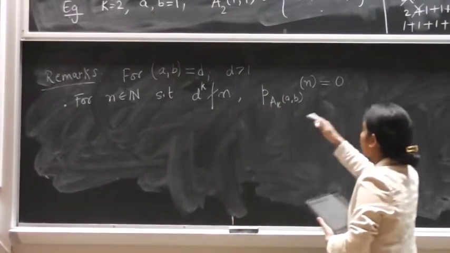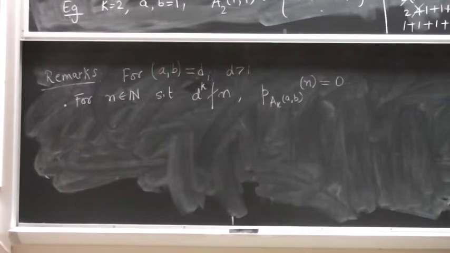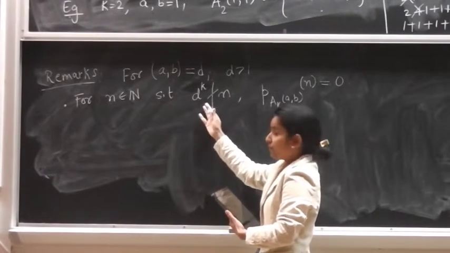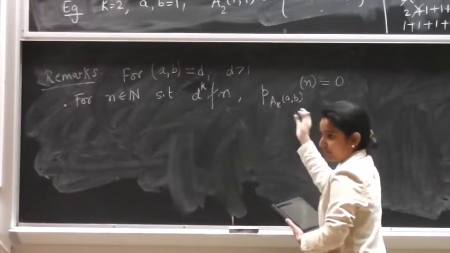That means that d to the power k has to divide the right-hand side, which is the sum of the parts, and hence it has to divide n. But if this is not true, then you already know that this is 0.